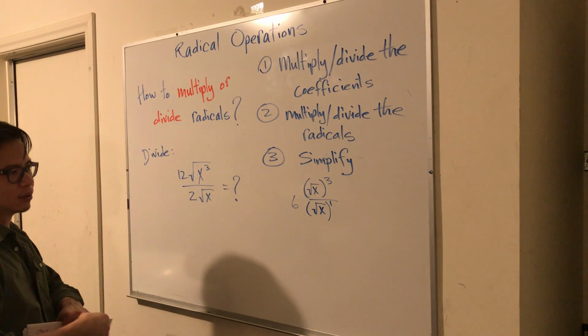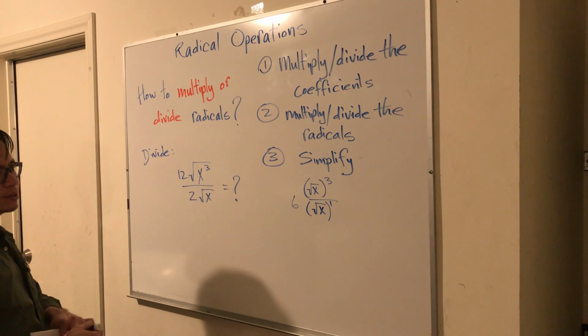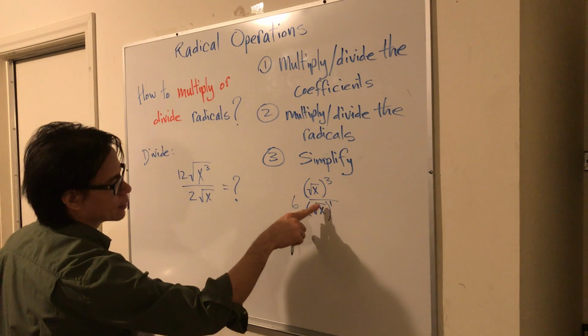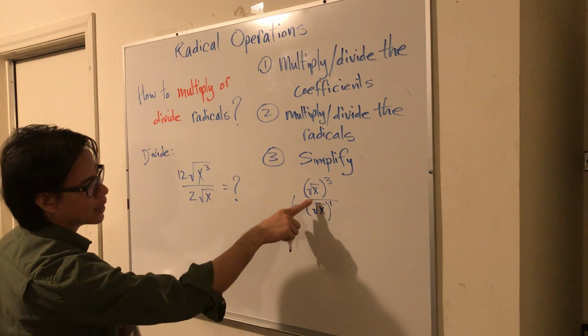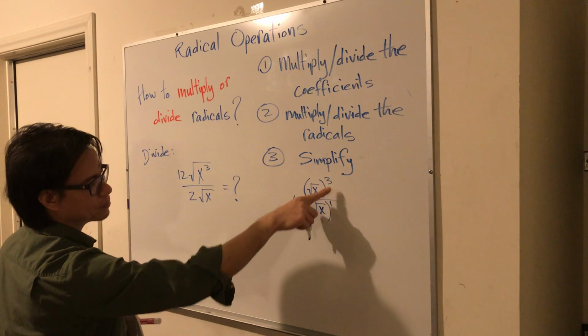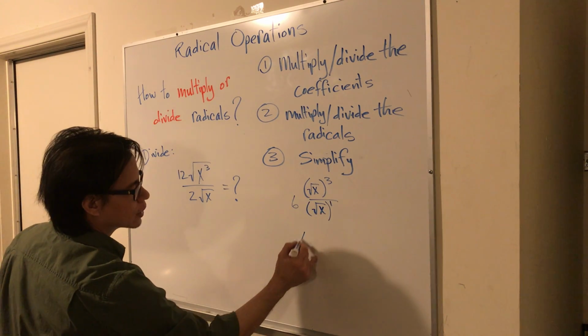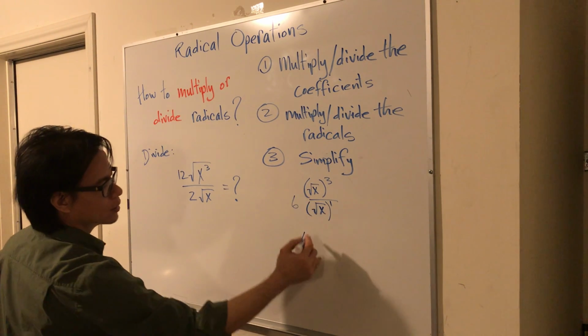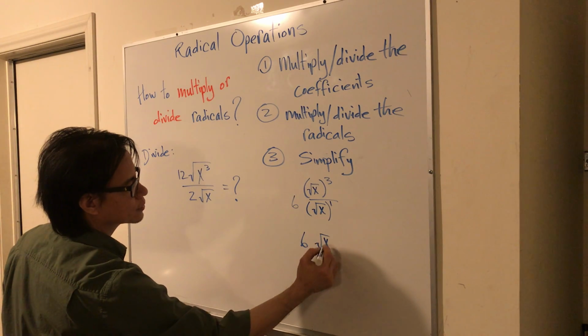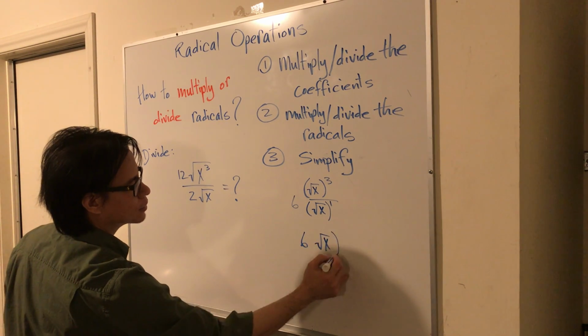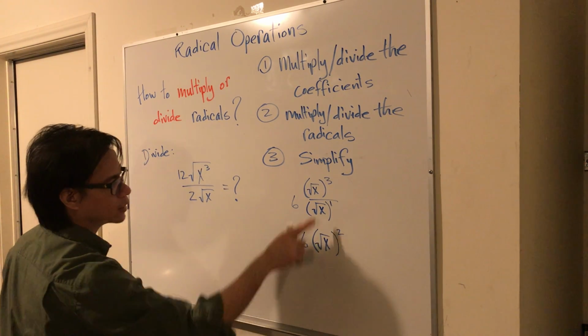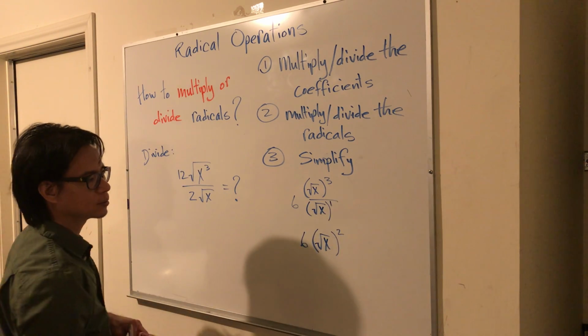Same thing. Okay? Because if you divide the radicals here, you're going to subtract the exponents, okay? So we're going to get 6 square root of x to the second power, right? 3 minus 1 is 2.